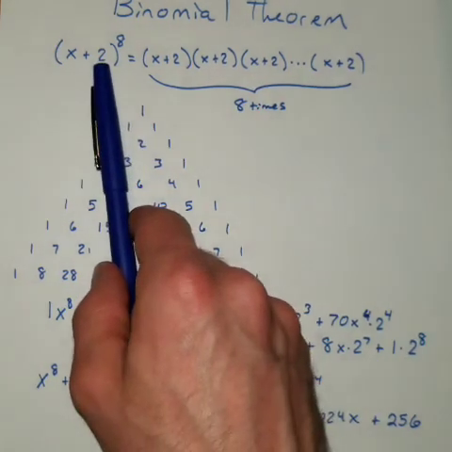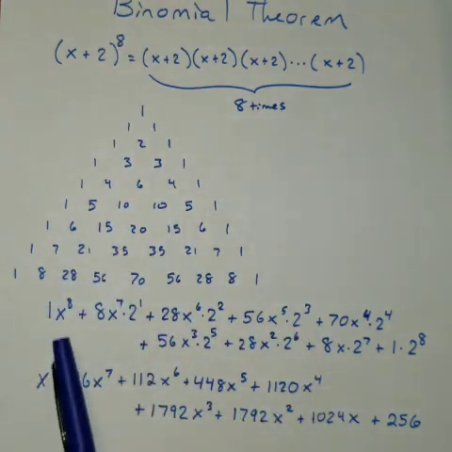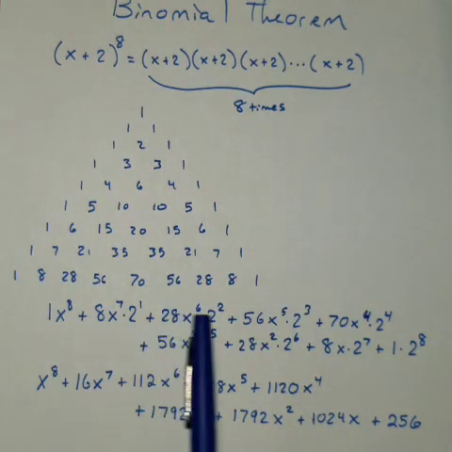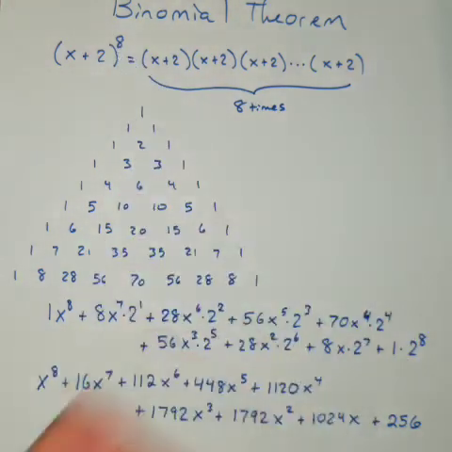The second term, you start at 0 and increase it to 8. So here there's 2 to the 0, 2 to the 1, 2 to the 2, 2 to the 3, up to 2 to the 8th. When you multiply all that together in each term, you just get a really big polynomial. And it has a degree of 8, which is what we should have because the original polynomial had a degree of 8.